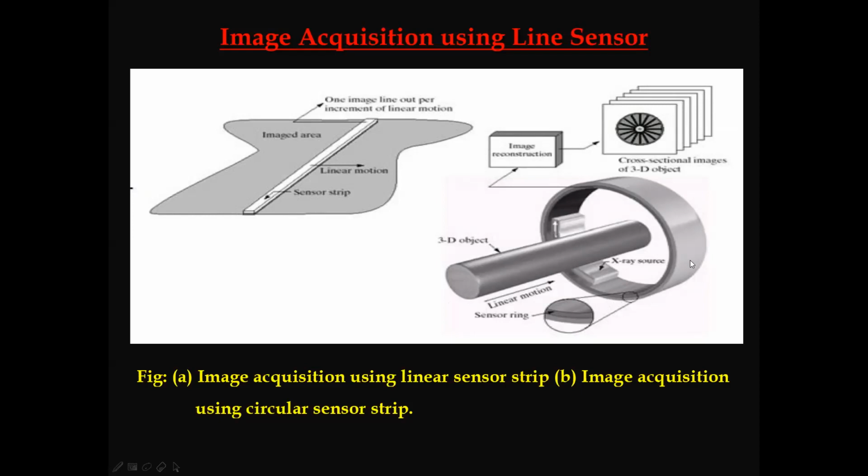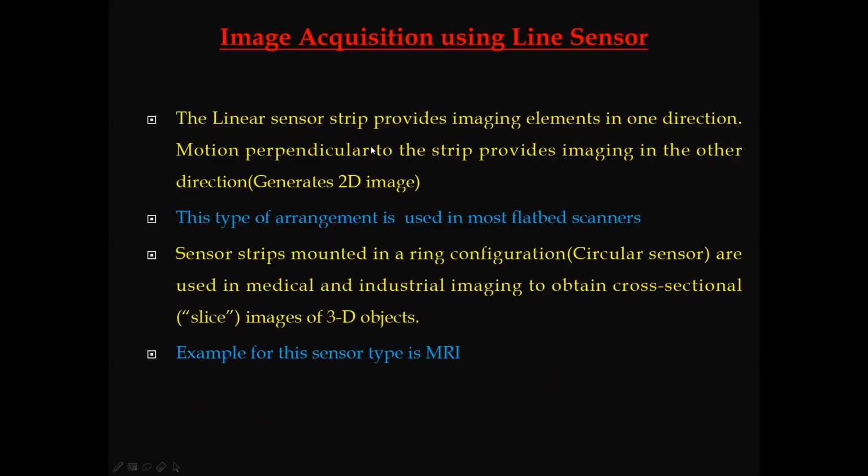This sensor ring is rotating in one direction, whereas the object we need to place on this straight linear strip. The motion of this one is in the opposite direction to the ring. The linear sensor strip provides imaging elements in one direction, and motion perpendicular to the strip provides imaging in the other direction. In total, you will get a two-dimensional image.